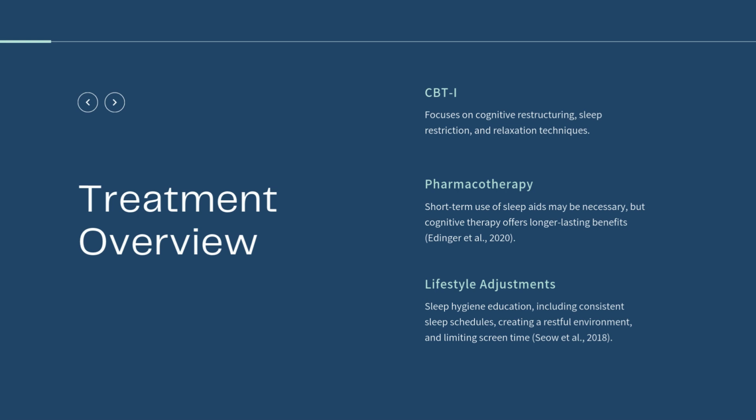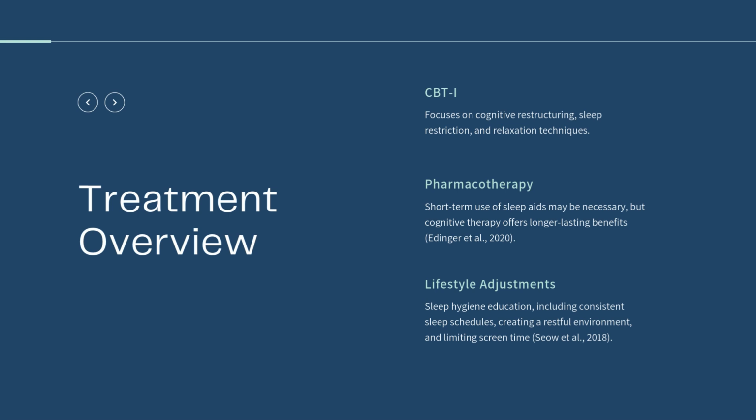In some cases, as we already talked about, pharmacotherapy may be necessary to help patients initiate deep sleep, but it should only be used as a short-term solution. Other treatments such as mindfulness practices and sleep hygiene education also play an important role in improving sleep.